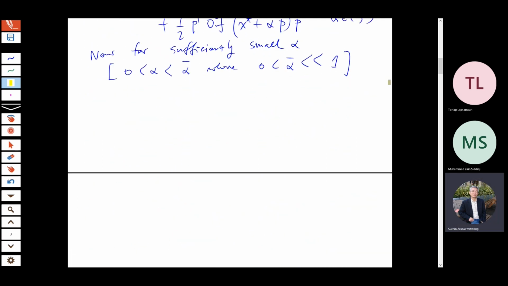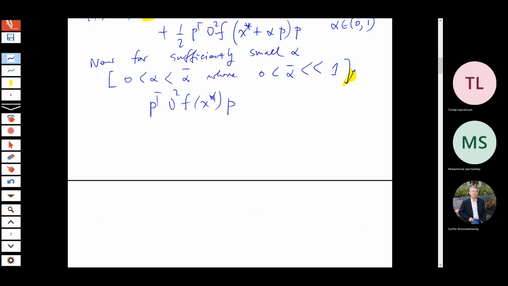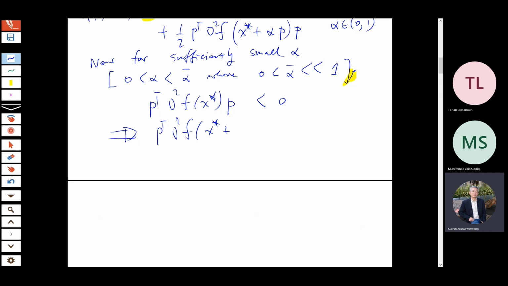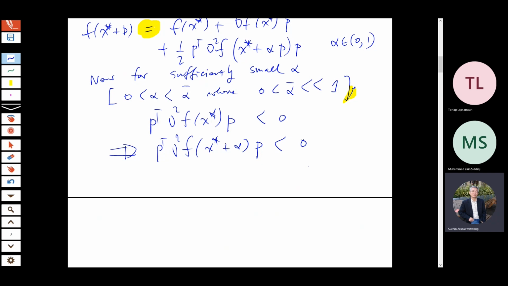Now, you see that this means P transpose the H matrix of the function f, plus P, is negative, which implies that P transpose the H matrix of the function f at x plus alpha P must also be negative, right?